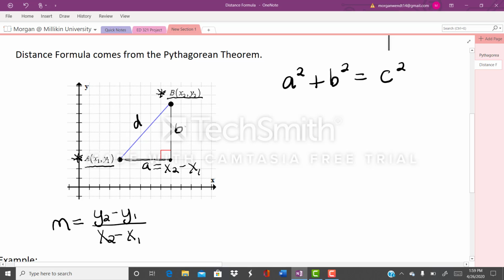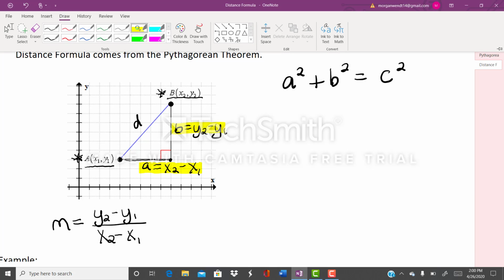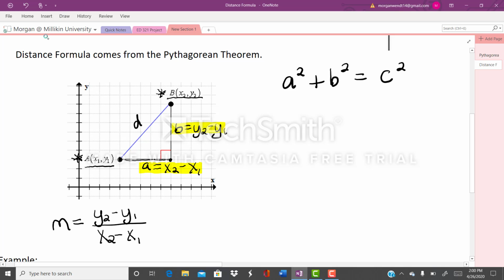Now B, since it's a vertical line, is looking at the change in y. So B is our y2 minus our y1. So now we have our A and our B values in terms of our points. Now we're going to substitute this into our Pythagorean theorem so we can get to the distance formula.